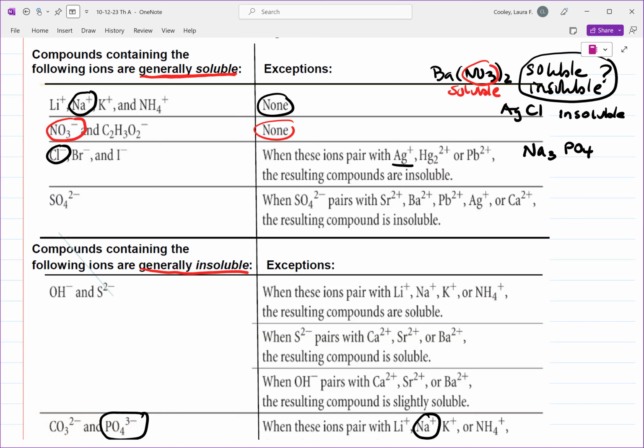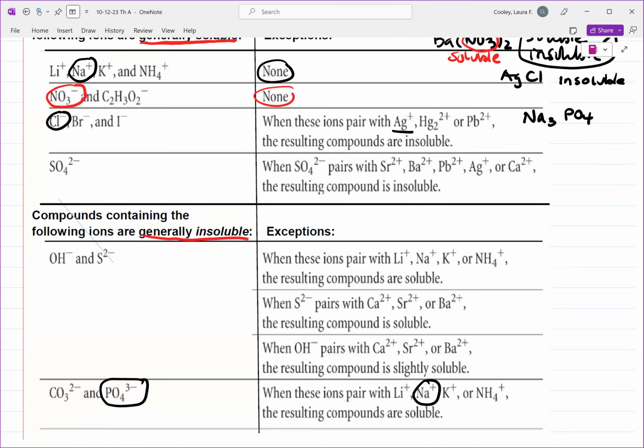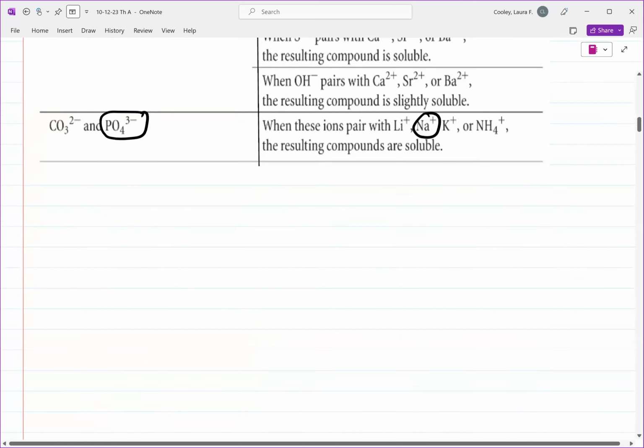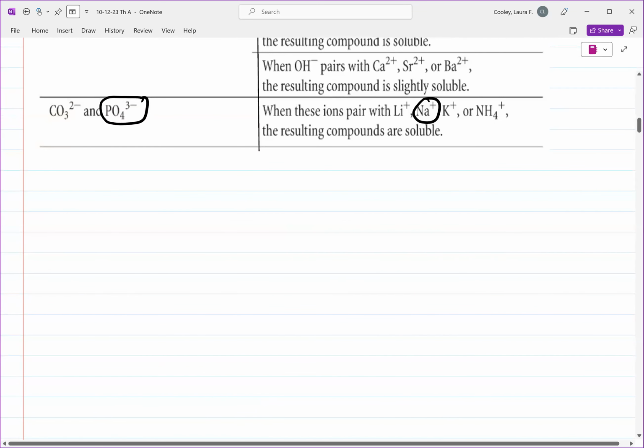So you have to learn how to use this table. This table is really your friend. Please use it. So that's how you tell if an ionic compound is soluble or not. You have to use the chart.